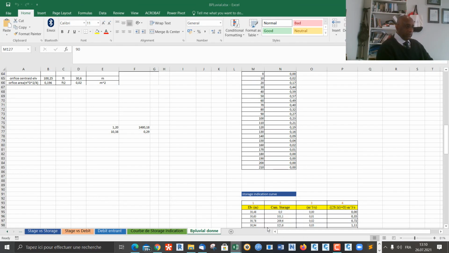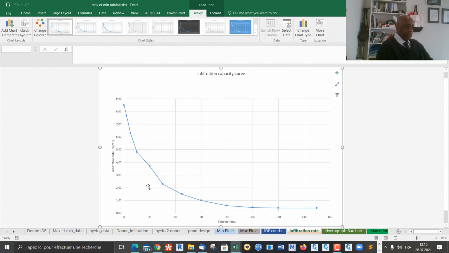Then I will show you how I calculated this. First of all, let me show you some other curve, the infiltration capacity curve. That is very important when we calculate rainwater runoff from a catchment, for example.